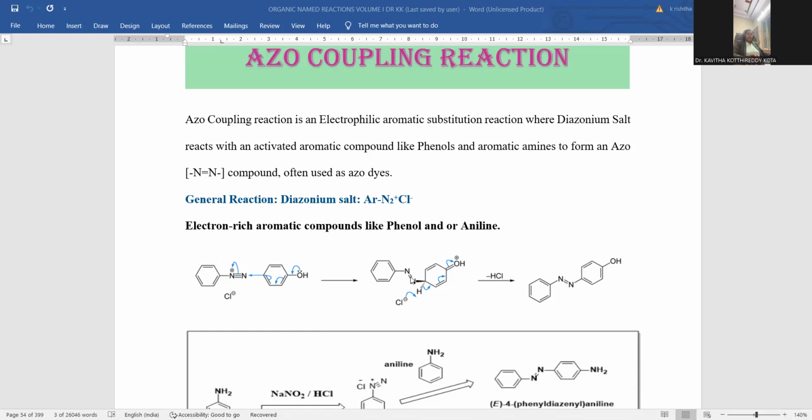You can notice the diazo bond formation is possible. Later on, it will retain its aromaticity, and eventually you can notice diazobenzene formation is possible. As the coupling reaction is accomplished, a coupled product is noticed over there.